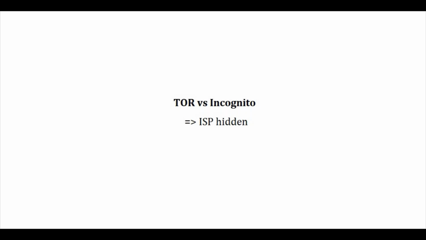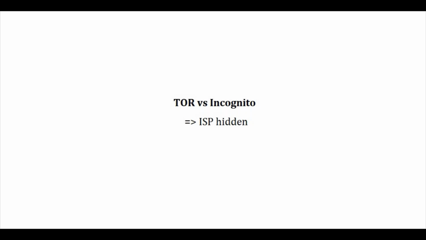If you're using the Tor browser and your ISP tries to check your history, they will see a web request with the Tor network and nothing else. So if you're using incognito mode in a normal browser and your ISP tries to check your history, they will know it. But if you're using Tor browser, even your ISP will not be able to check the history.